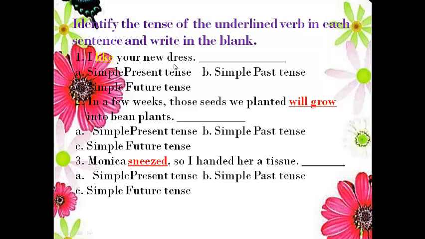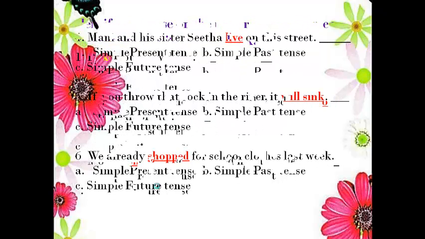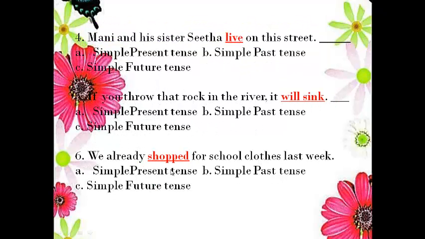If you want to see the definitions of simple present, past and future tense, go backward in the video and read the definition once again. Then you can easily make out the verb is in which tense. So totally 6 questions are there. Read the definitions and find out the answer.